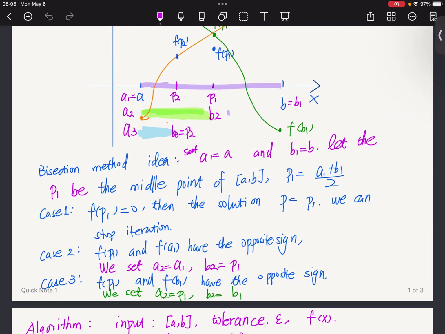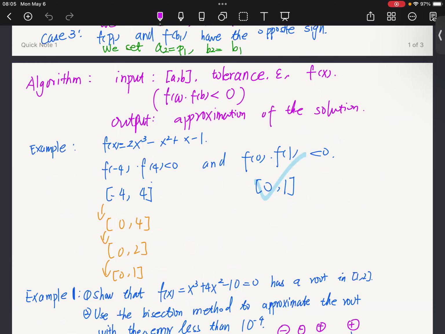In the other case, the f value at the middle point has the opposite sign from the f value at the right endpoint B, and then we should choose P1 and B as the new interval. This is how the midpoint method works.